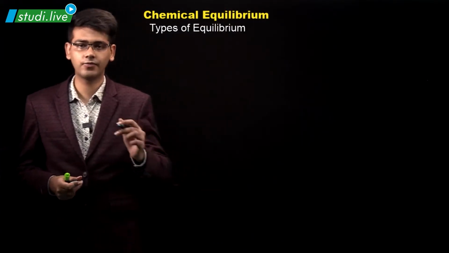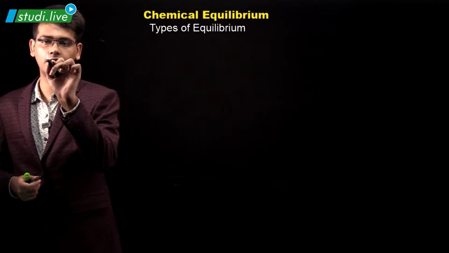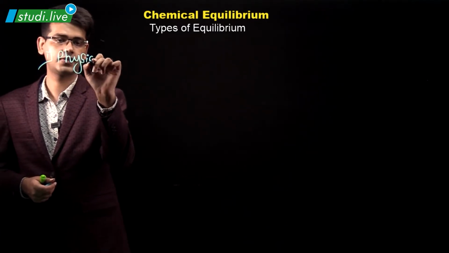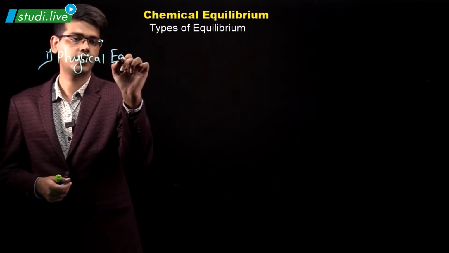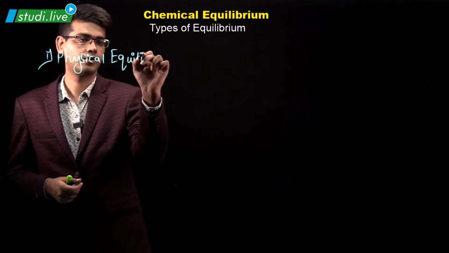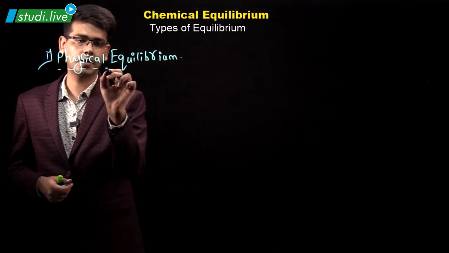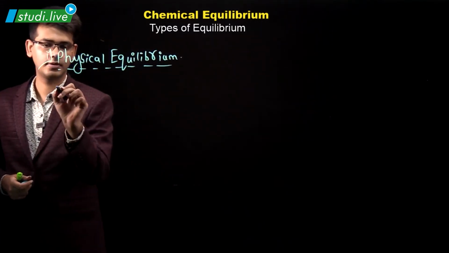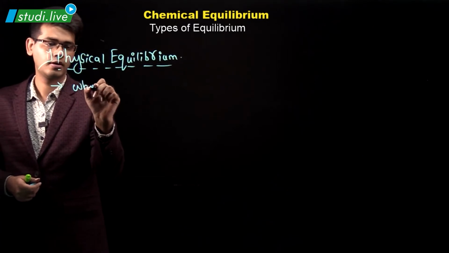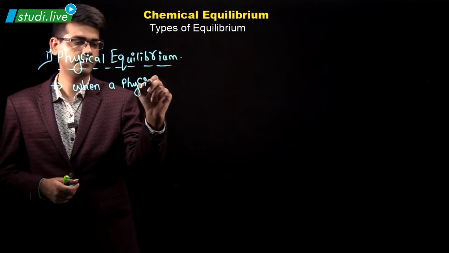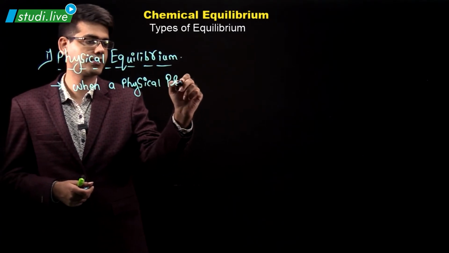The very first type of equilibrium which we have is called the physical equilibrium. Now, this physical equilibrium is always present when a physical process is taking place.